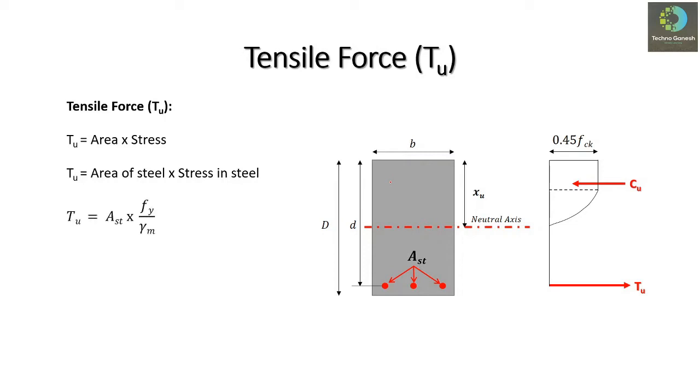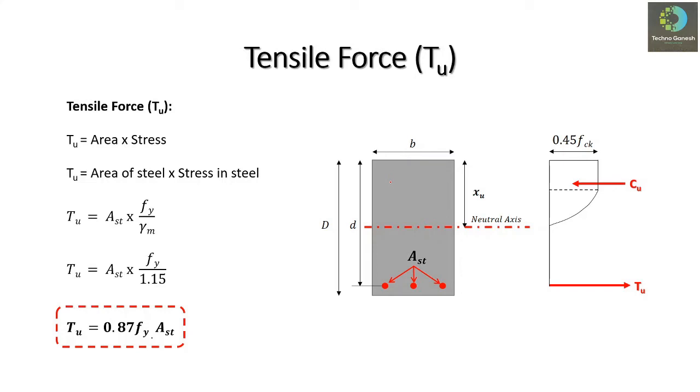So the stress in steel will equal fy upon gamma m, where fy is the characteristic strength of that steel and gamma m is the partial safety factor for the material, that is steel, and the value of gamma m for steel is 1.15. By putting this value, we get the tensile force Tu equals 0.87 fy into Ast. So this is the equation for the tensile force which we are going to utilize frequently in further parts.